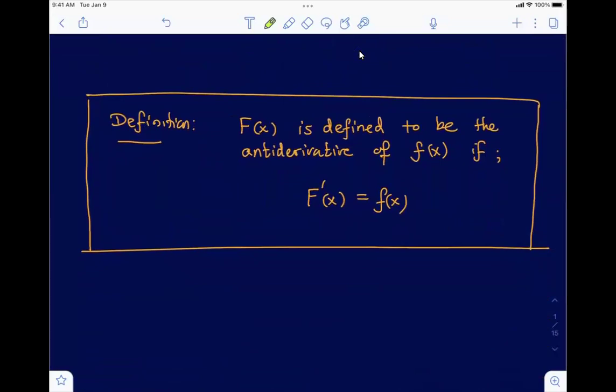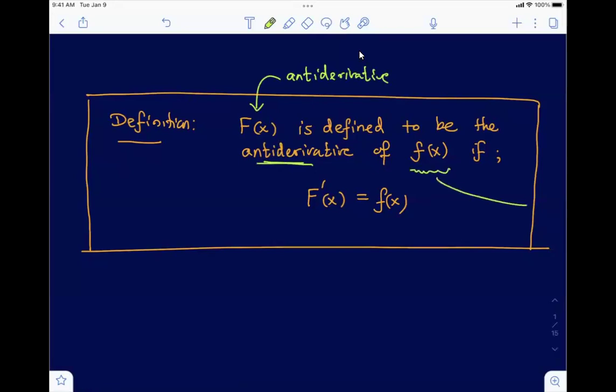Now, when we work in mathematics, we need to have precise definitions. What is the definition of an antiderivative? An uppercase F of x is defined to be an antiderivative of this given function, lowercase f of x.